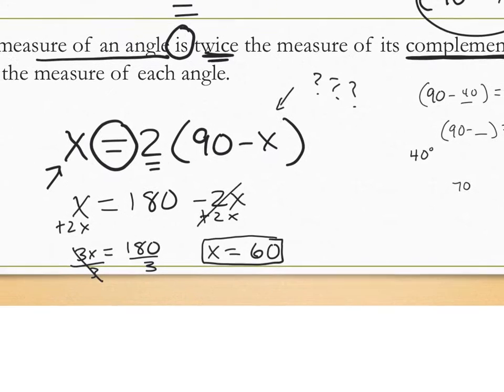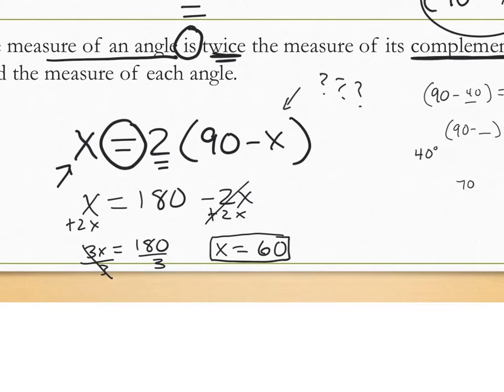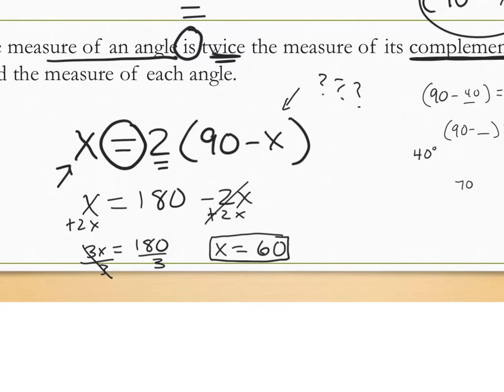Now, there are two angles that add up to 90 degrees. If one of them is 60, what's the other one? What is the complement of that angle? 30. 90 minus 60. So x and 90 minus x, that's the complement, equals 30.